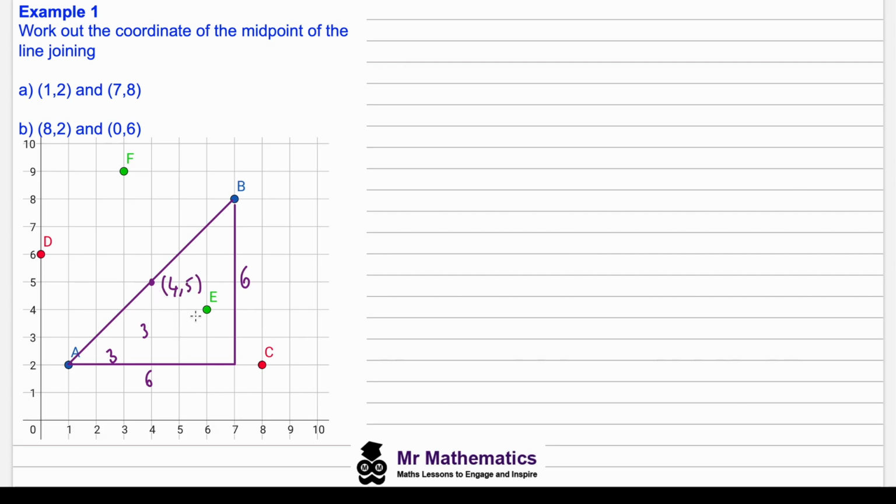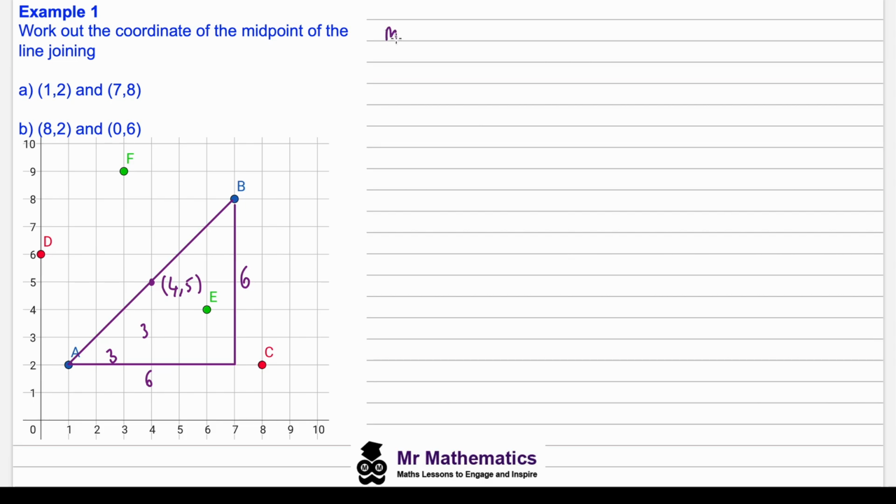So this method is quite simple, but it's more difficult when the coordinates of the endpoints are more complicated. So I want to show you another way of doing this, and this is by working out the average x value and the average y value of the two endpoints.